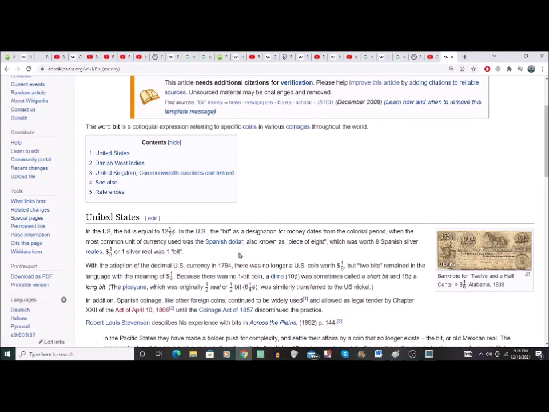So 2 of those would be a quarter, and this is based off the Spanish dollar and pieces of 8. Where have we seen that referenced? There would be 8 pieces of 8 in a Spanish dollar, and so 1/4 would be 2 bits, okay? And so this Babbit reference is a pretty subtle reference, but it's there, you know.